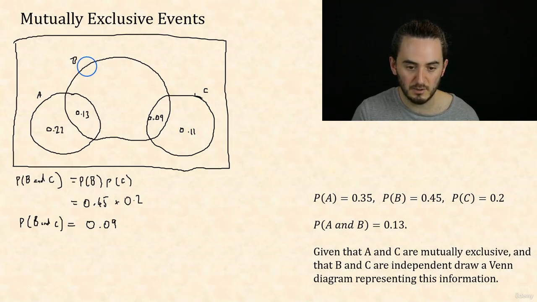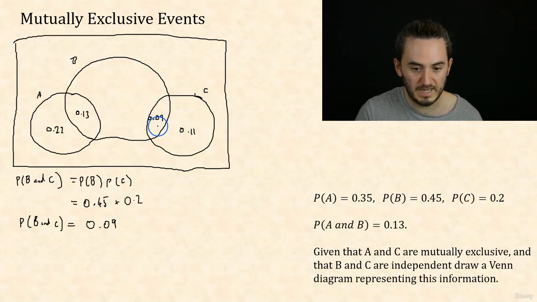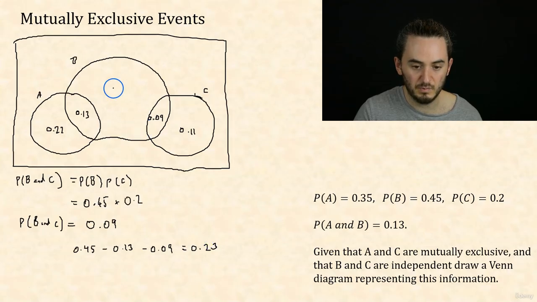And finally, I know that all of B should add up to 0.45. So I just need to do 0.45 minus the little region of B here, which is 0.13, and minus the little region of B here, which is 0.09. All of that gets me 0.23, so that's what goes here.